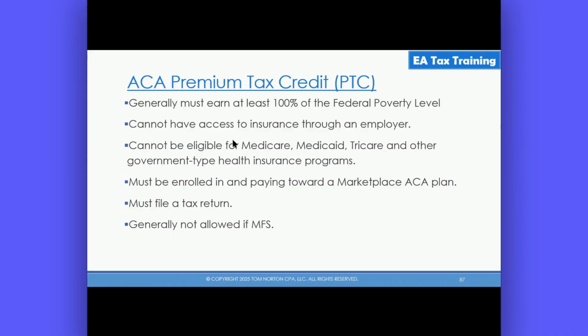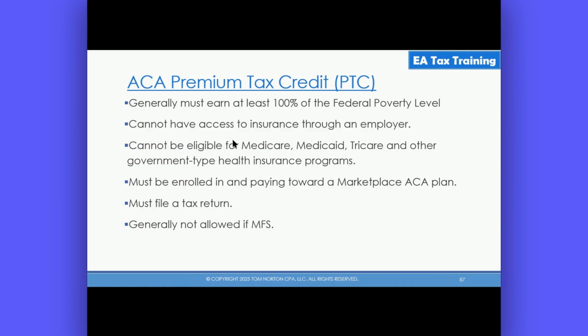You are not going to be eligible for the premium tax credit. You also cannot have access to insurance through an employer. So whether or not you take advantage of it is not the issue. If you have access to insurance through your employer or your spouse's employer, then you cannot take the premium tax credit. You cannot be eligible for Medicare, Medicaid, TRICARE, or other government type of health insurance.